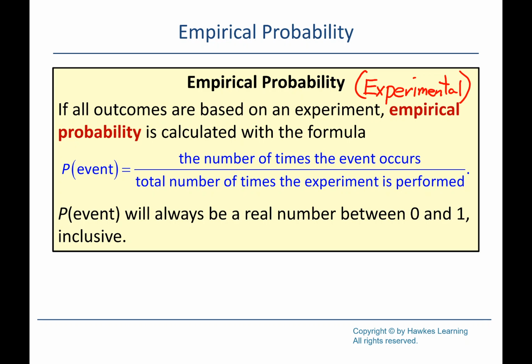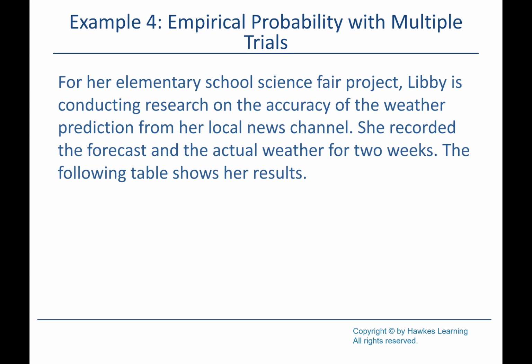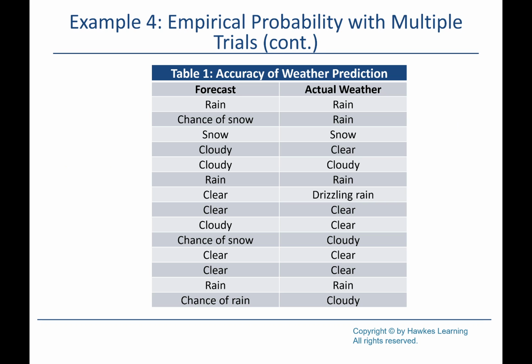So let's look at one of these. All right, this one says, for an elementary school science fair project, Libby is conducting research on the accuracy of the weather prediction from her local news channel. She recorded the forecast and the actual weather for 2 weeks. I've got her information on the table on the next slide here.